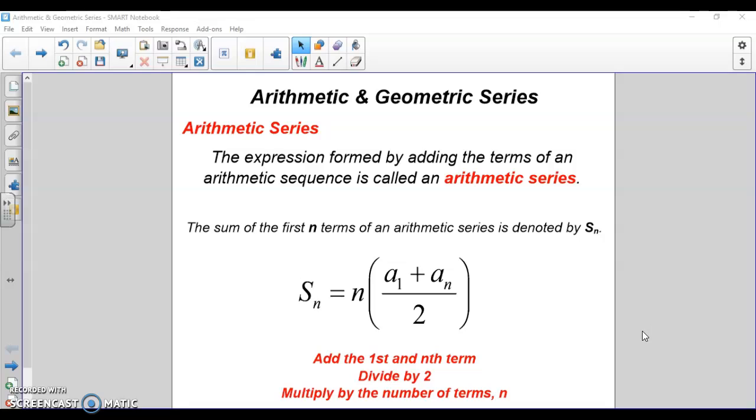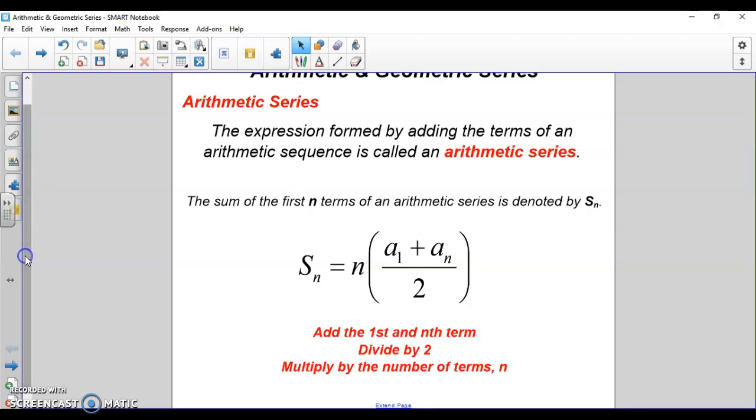So a series in general is just the result, the sum of adding a bunch of terms or a certain number of terms in a sequence. So whether it's arithmetic or geometric sequences, doesn't matter, but a series is just the sum of all of those. So some notation and formulas you're going to be seeing here: S sub n equals n times (a sub 1 plus a sub n) all over 2.